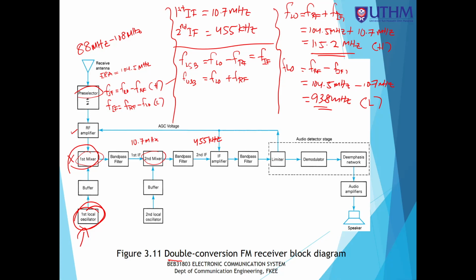So let's say I use a high side injection. That means the FUSB, the upper sideband produced by the mixer.